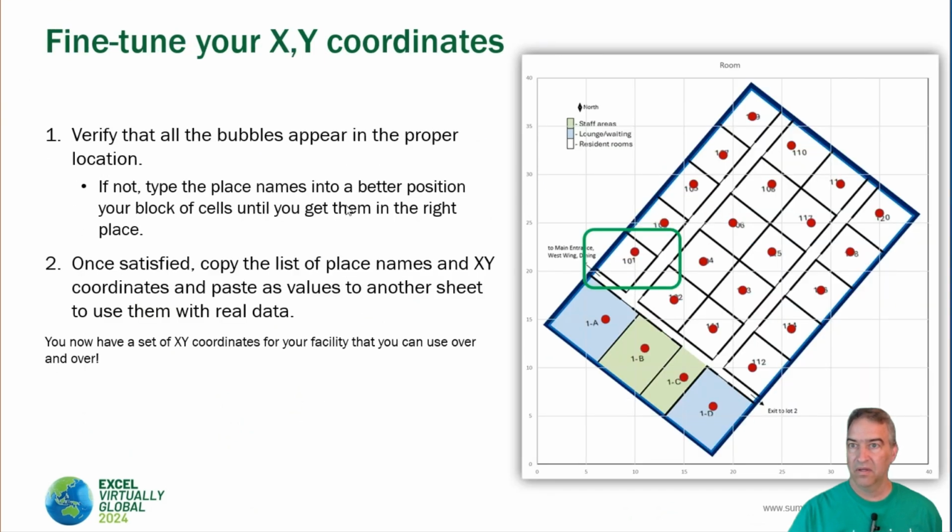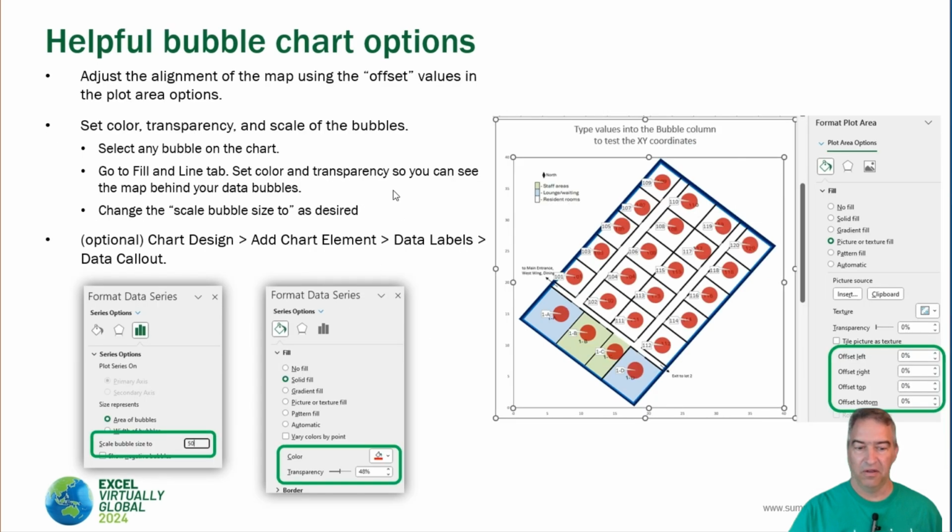Okay, so here I showed how to fine-tune the XY coordinates already. Again, it's just once you create that little test chart, you can go back to your grid and delete or retype any of the room numbers. If you're using a bubble chart, there are some other helpful things that you can do.